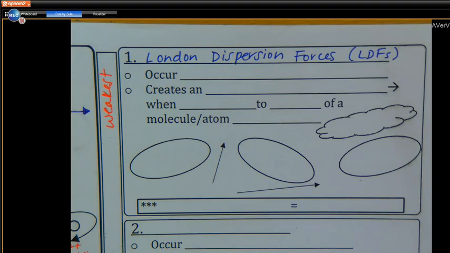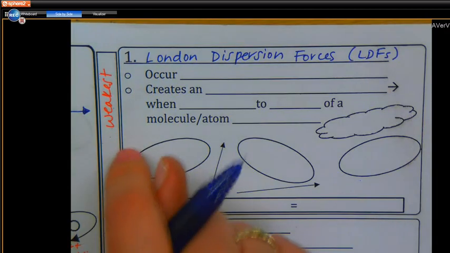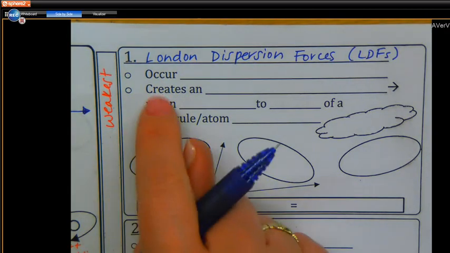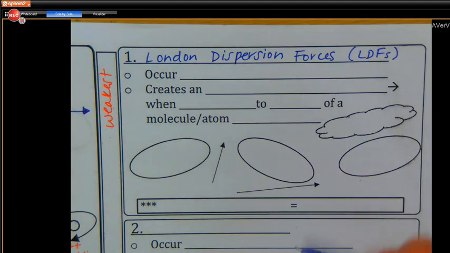London dispersion forces are created when an instantaneous or temporary dipole occurs. So it creates an instantaneous or temporary dipole.